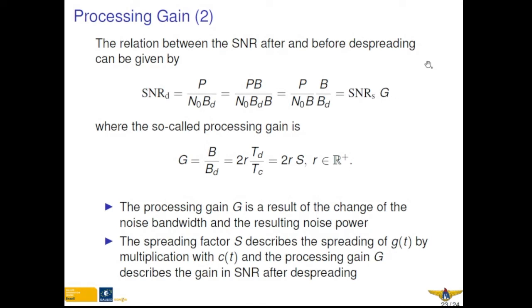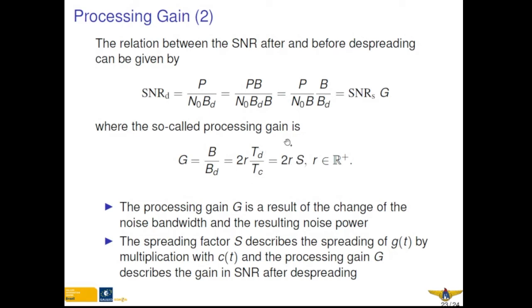The processing gain is the relation between B and Bd, and we can build also a relation to the spreading factor, which is 2 times R times Td divided by Tc.